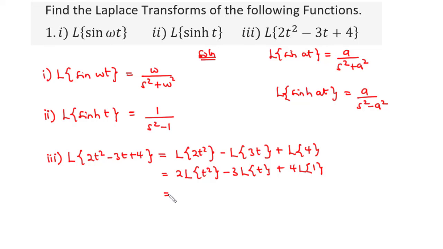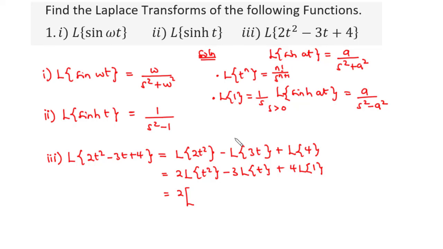Now we know that the Laplace transform of t to the power n, where n is a positive integer, is equal to n factorial over s to the power n plus 1, and the Laplace transform of 1 is equal to 1 over s, where s is greater than 0. So we are going to use these 2 properties here. So we have 2 times, now this corresponds to the property with t to the power n.